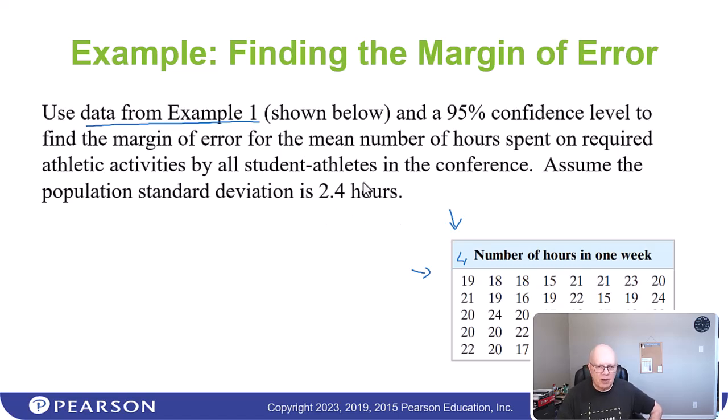Now, we're working with knowing the population standard deviation. We're going to assume it's 2.4 hours. And here are all our sample data.